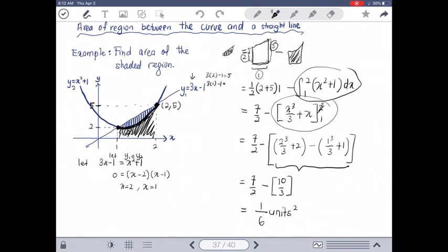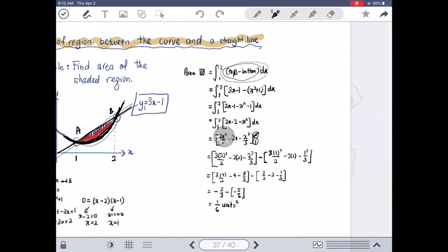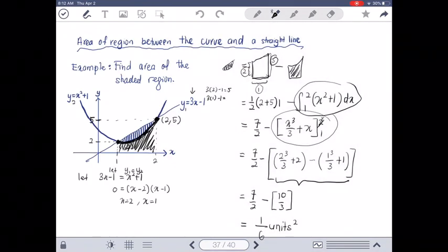So it doesn't really matter if you want to use the first way, which is top equation minus bottom equation, then you integrate, or you want to use the trapezium minus the equation below the curve. Both methods still will produce the same answer.